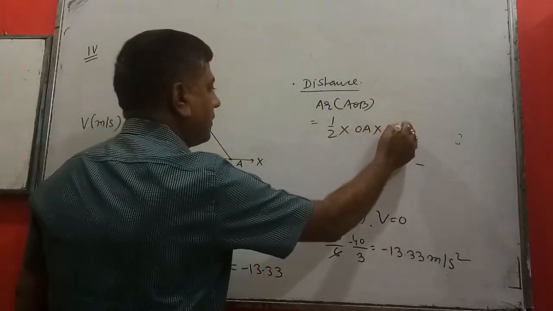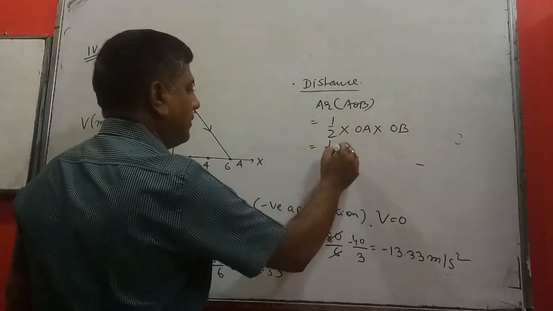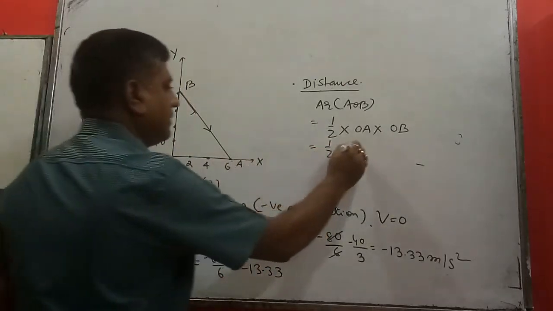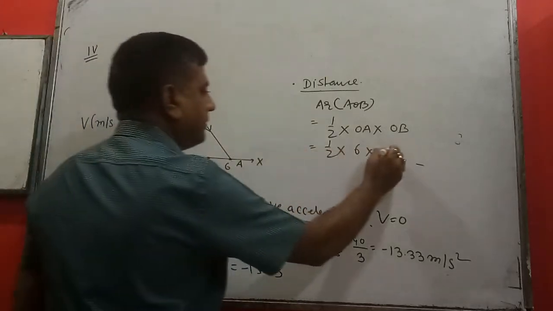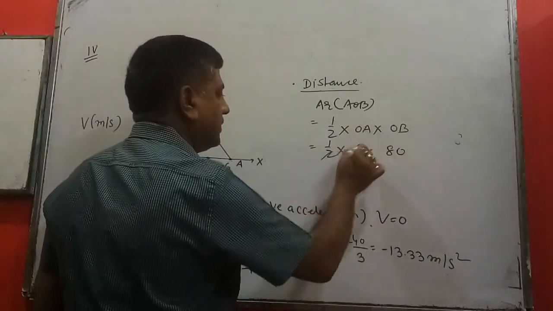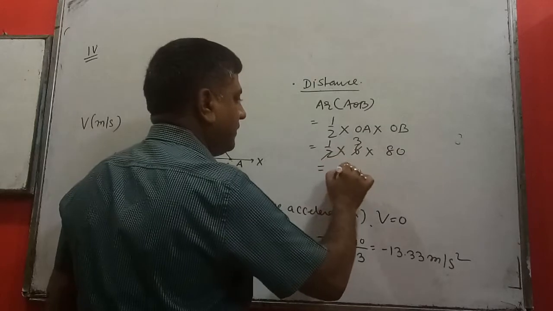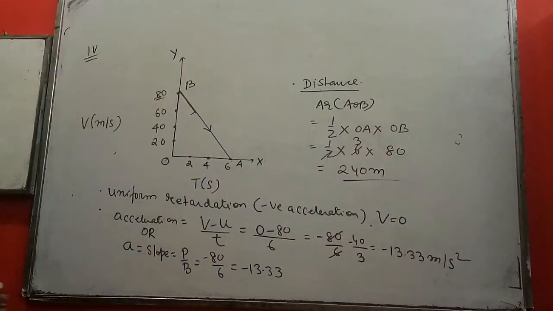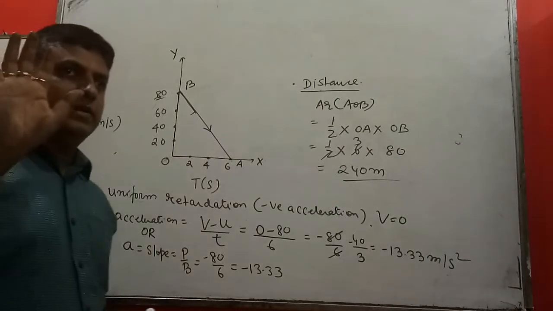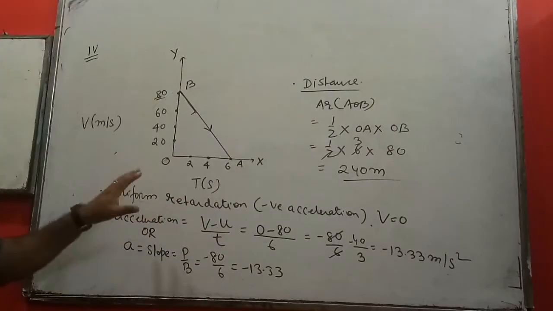OB. So half, this is 6. This is what? How much? 80. So 2 3s are 6. Answer is 240 meter. That's all about the v-t graph.